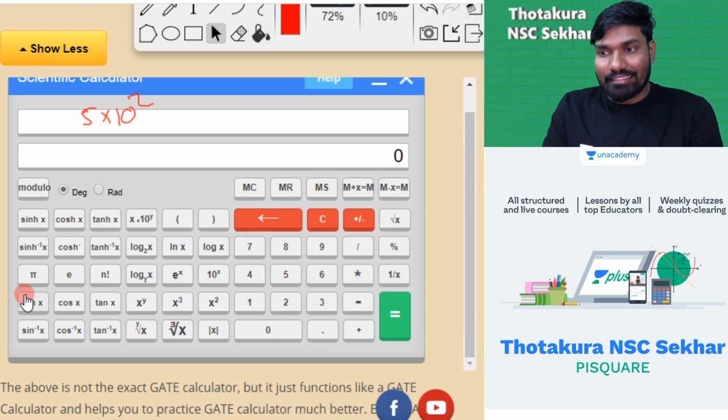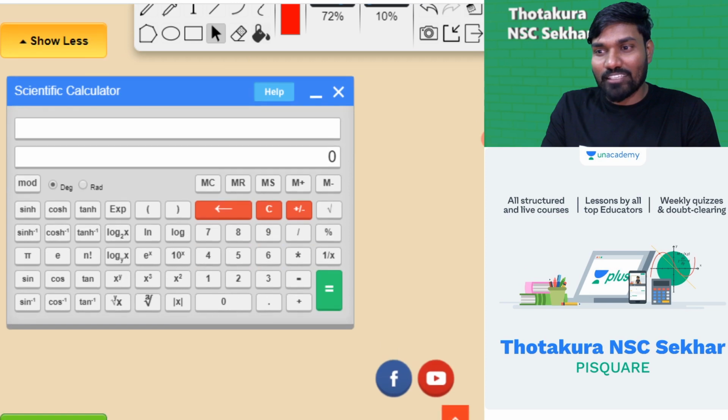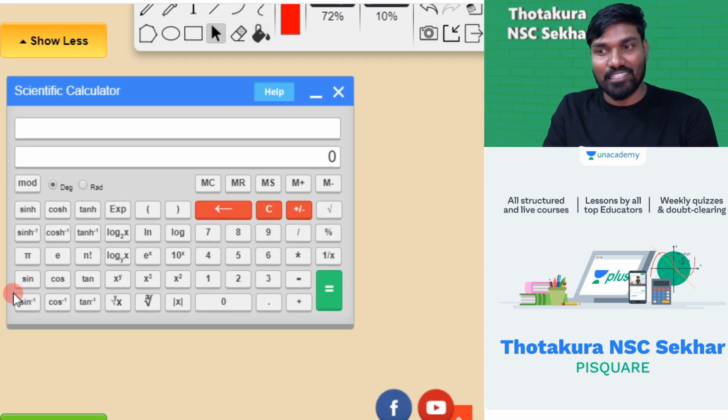I think this is the only thing, this is the only cheat. What is the cheat? In the regular calculator in the GATE, the calculator they will show will not give you x here. They will only give you sine, cos, tan. They will not give you x. Here they are giving exp. What do you understand by this exp?